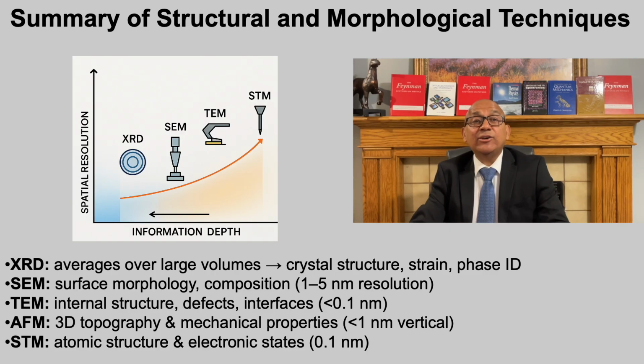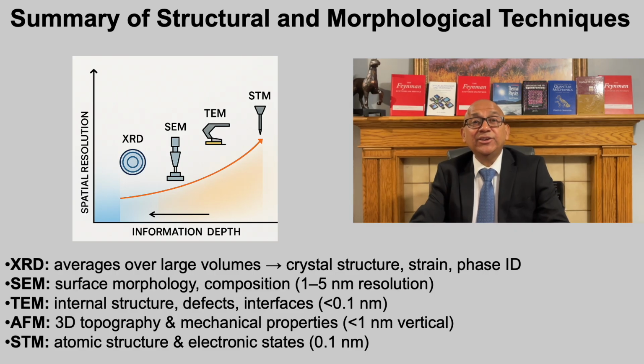TEM achieves atomic scale resolution, imaging defects, dislocations, and interfaces in thin foils, linking microstructure to properties but requiring complex preparation. AFM maps 3D topography and mechanical properties with sub-nanometer precision, without the need for conductivity or vacuum, but over small, slow scan areas.